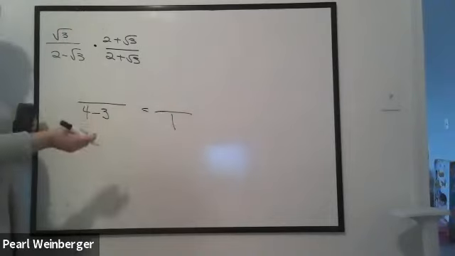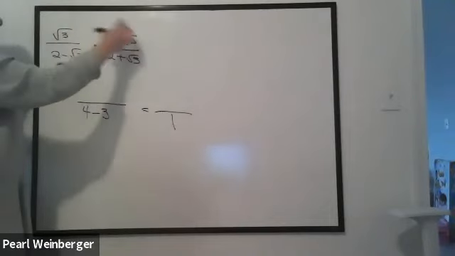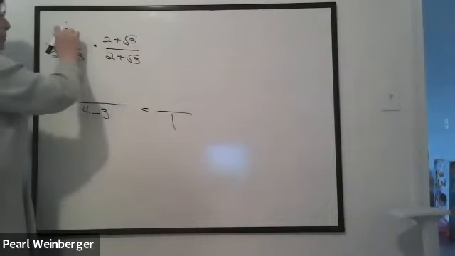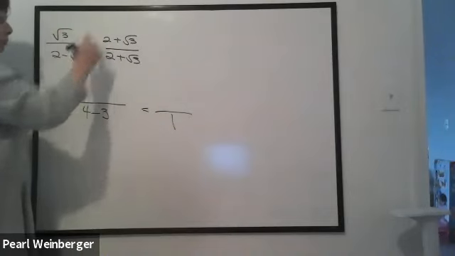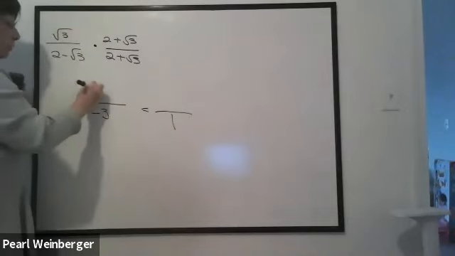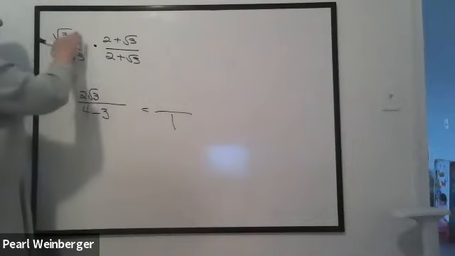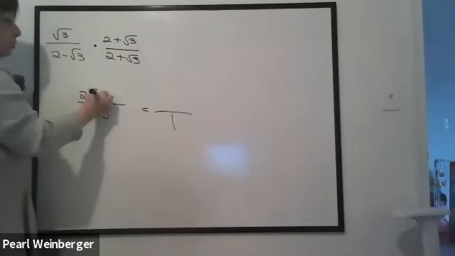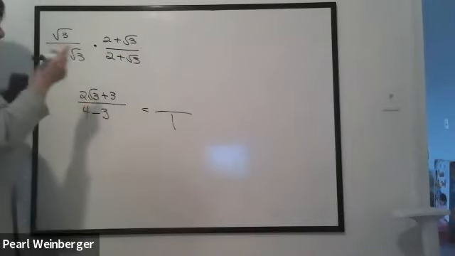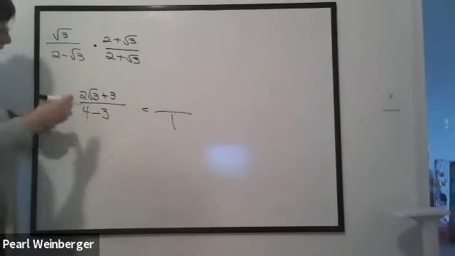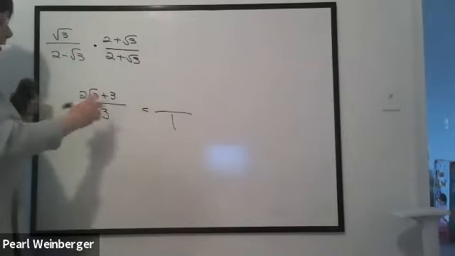What about the numerator? Well, now I'm going to have to use the distributive property. So I'm going to have to do the square root of 3 times 2, which is 2 radical 3. And the square root of 3 times 3, which is just plain 3, not in a radical, because when you multiply a radical by itself, it just removes the radical.